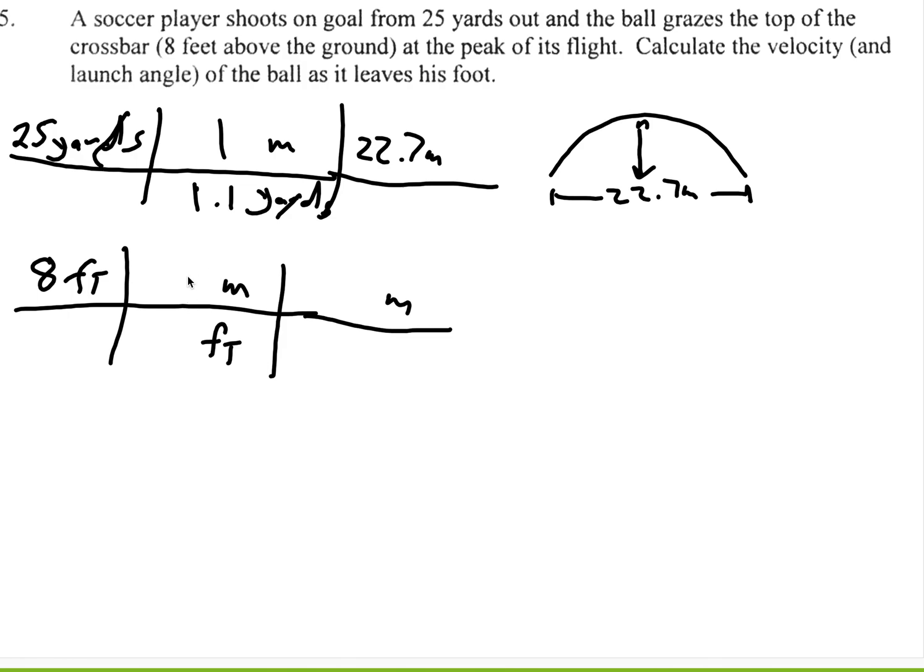But I'm going to use that 1 meter is 3.28 feet. So I would take 8 times 1 divided by 3.28. Feet will cancel. And that will equal 2 point what meters? 2.4 or 2.44. Yeah, we'll round to the tenths, so we'll do 2.4. So this dy, you guys, that is going to be 2.4 meters. So dx, right, is the range that's along the ground. And then dy, that's how high it got.